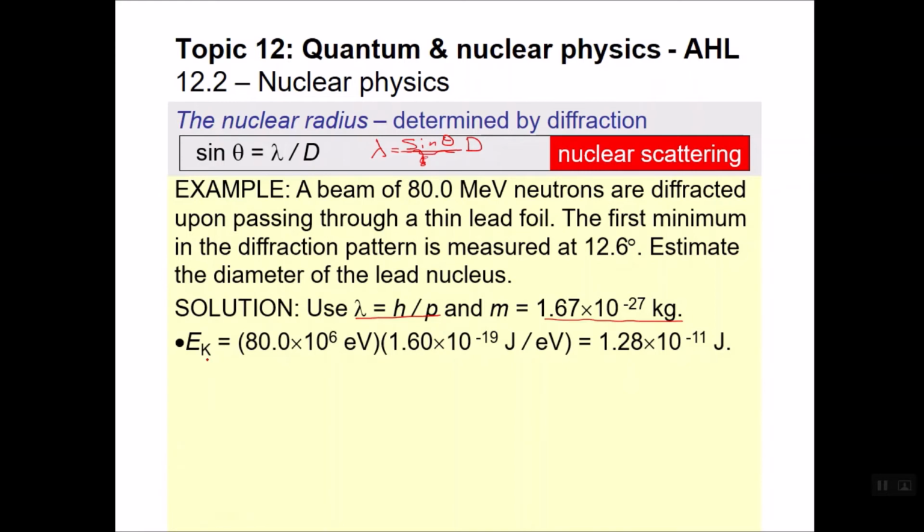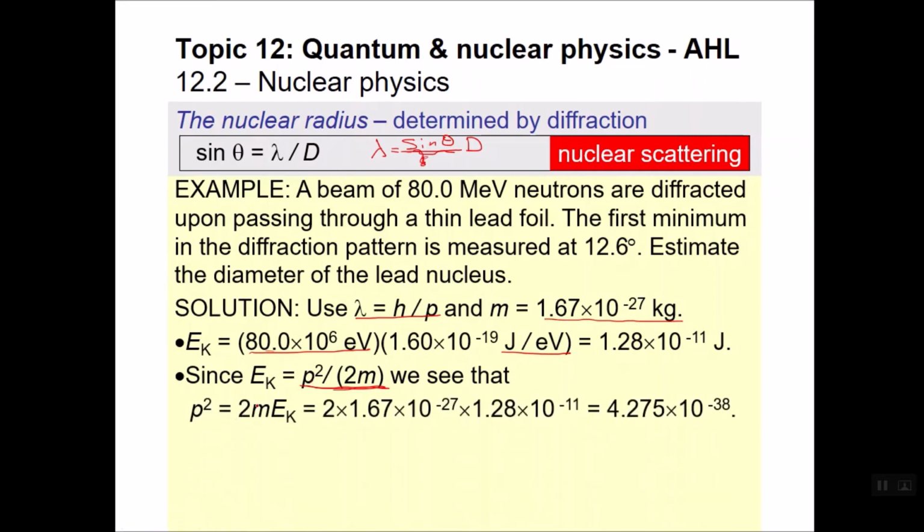So we can calculate the energy, 1/2 mv squared. We have the energy right here. We're going to convert it to joules, and so we get 1.28 times 10 to the minus 11th joules. This is the kinetic energy of a neutron that is moving really fast.